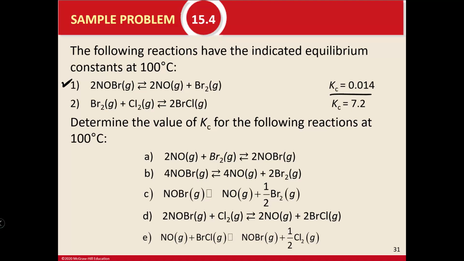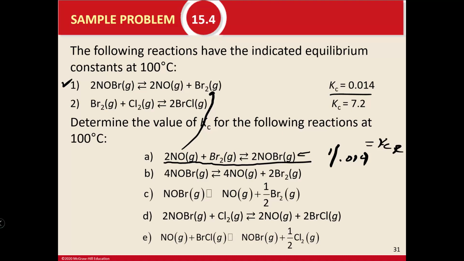So what do you notice about this reaction? How does this compare to this reaction here? And you'd say, oh, it's just the reverse of it. So if it's the reverse of it, I would say the equilibrium constant would be 1 over 0.014. And that would give me the equilibrium constant for the reverse reaction.